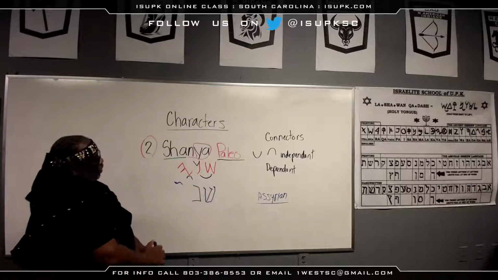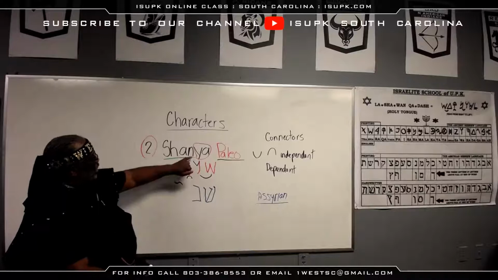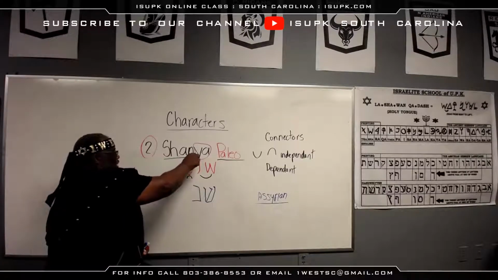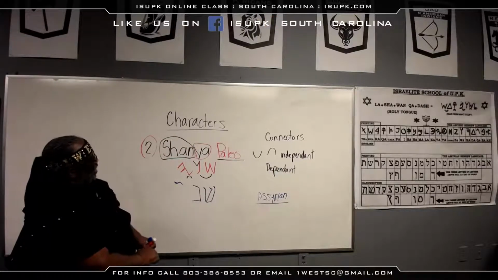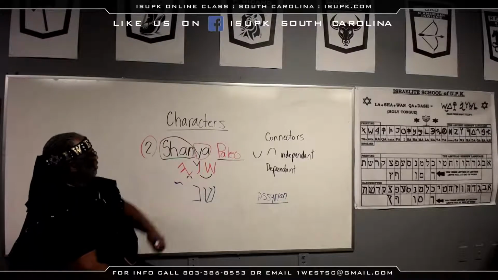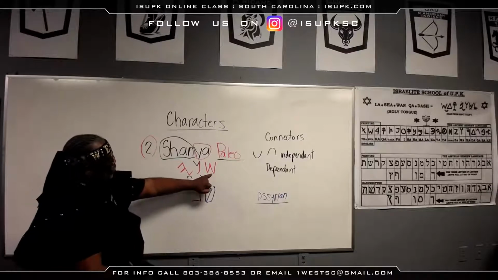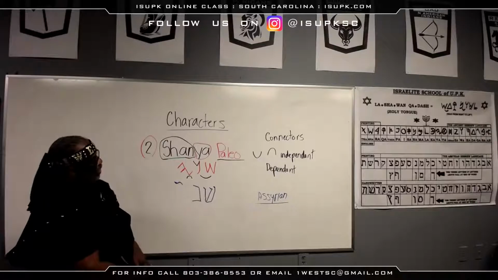I'll put it that way. It's really, you join them together. You want to join all of this, shan, like that. You want to say shan ya. So you say shan. Okay? Just like that. If you understand that, just let me know.